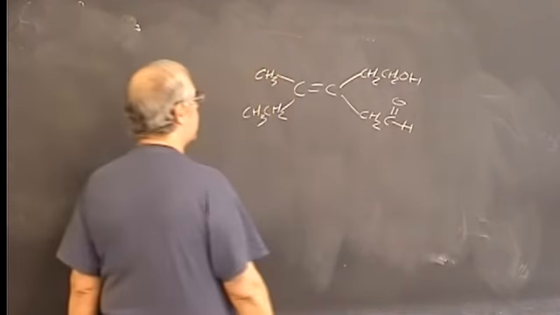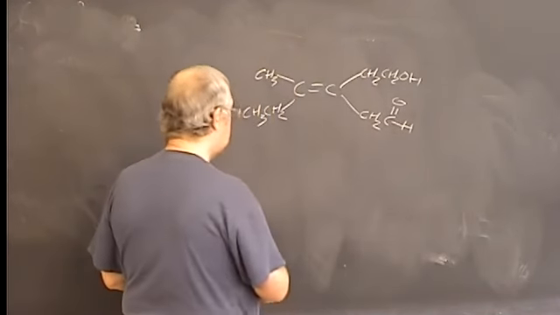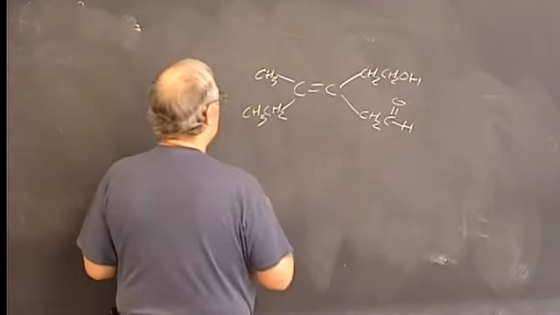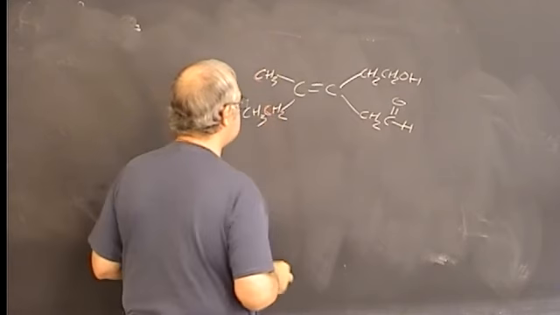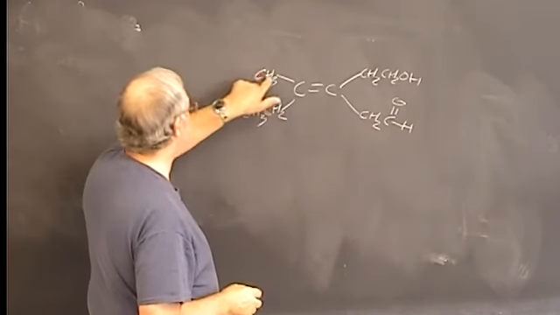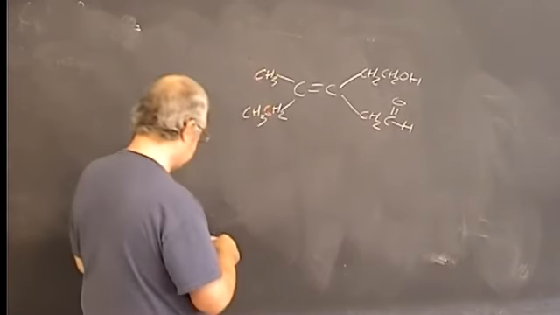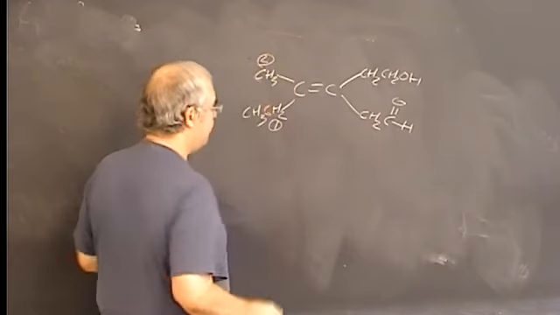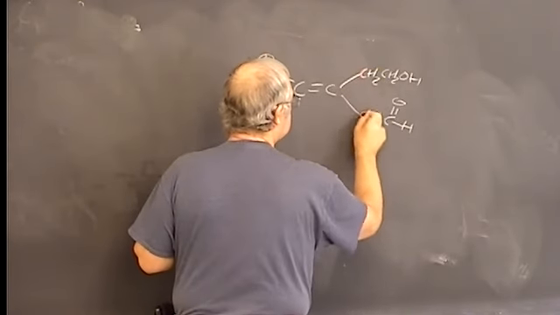If we have a double or triple bond, in a situation like this, let's compare this side first. Here we have carbon. Carbon is the first atom. We work our way out to the next one. The next one out would be a hydrogen for the methyl. Next one out is a carbon. So ethyl beats methyl. On this side, carbon is the same.